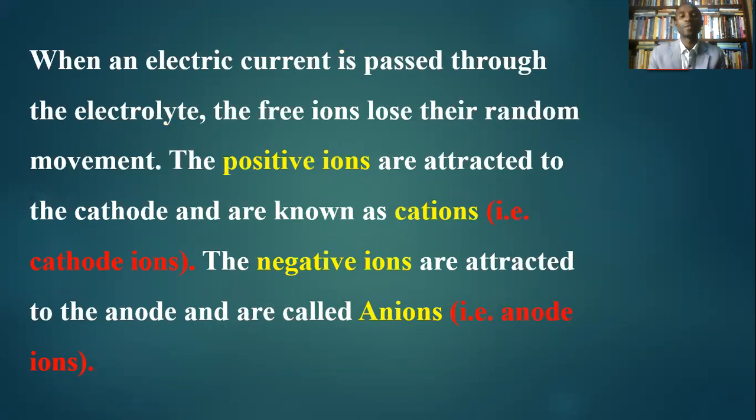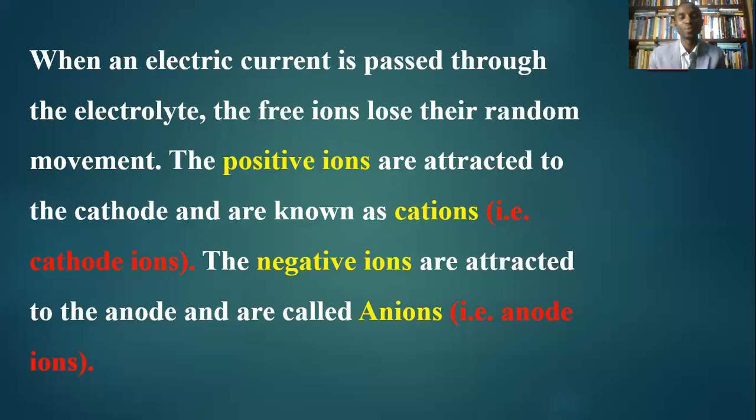All right, when an electric current is passed through such an electrolyte that has dissolved into free-moving particles, those ions will move. They can't stay in one place. They are now free to migrate.